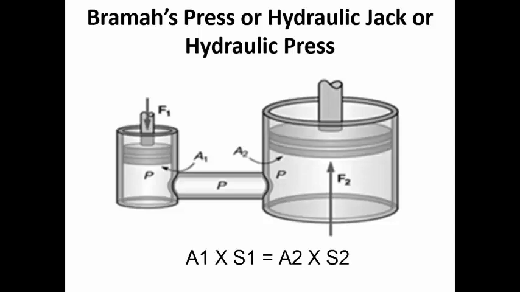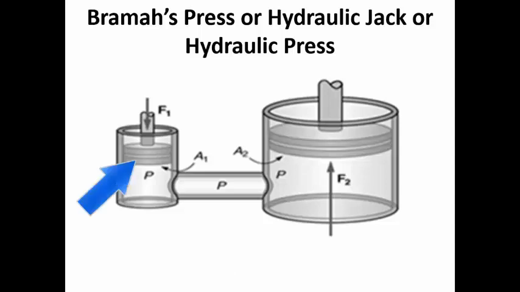Taking the ratios, A2 divided by A1 will be equal to S1 divided by S2. In this way also you can determine the distance traveled by the second piston. So a small force and small area, but a large distance here, is going to generate a large force and a small distance, because you are having a large piston.